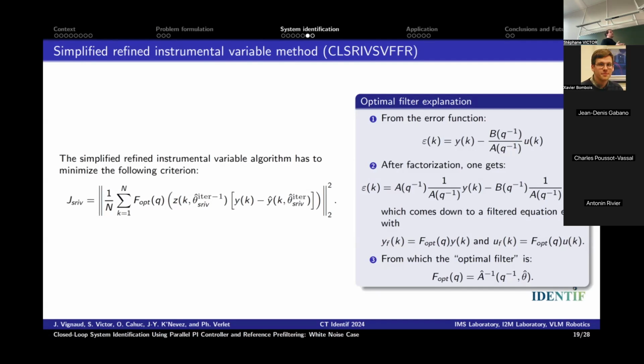We can factorize by the inverse of the denominator of the model, and we come down to the filtered equation error, where the signals are filtered by the inverse of the denominator.